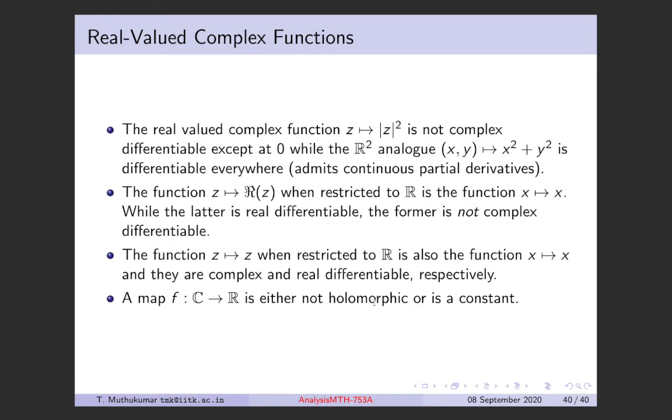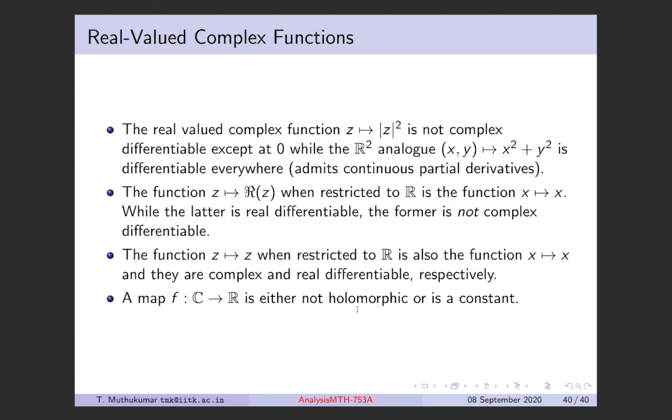Cauchy-Riemann equation. Because if the function f is from C to R, that means the imaginary part of that function is 0, right? Which means that v is 0, only u is remaining, and for the function to be holomorphic, it has to satisfy the Cauchy-Riemann equation.